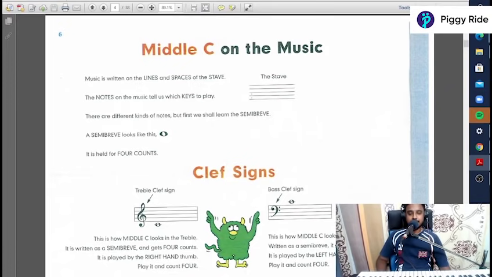So for example, if the circle is on the second line, it tells us we have to play G. If the circle is on the first line, it tells us we have to play E. And if it is on the first space, it tells us we have to play F. Similarly, the notes on the stave will tell us what we need to play.